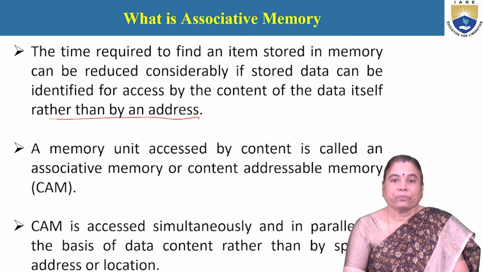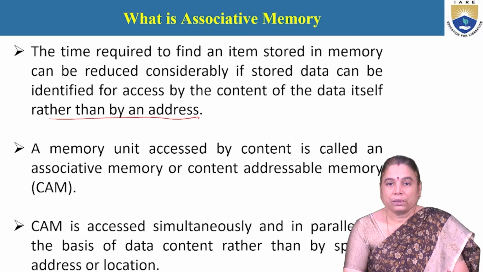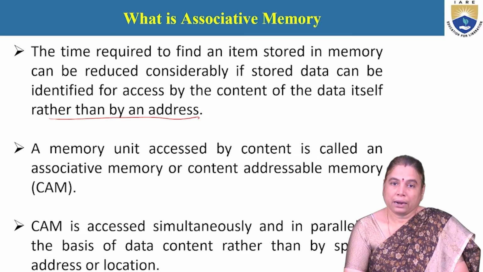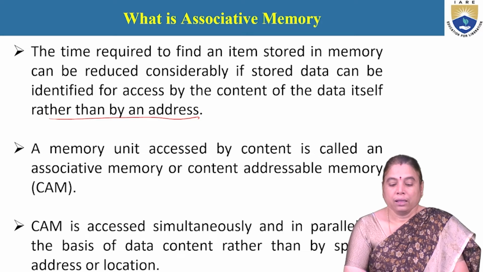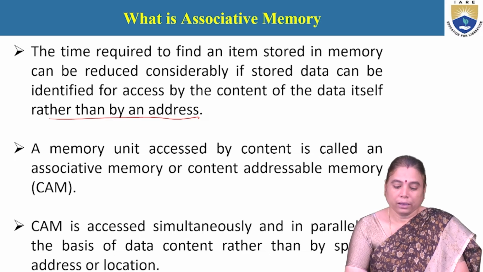To retrieve or fetch any information from the memory, the storage location or the memory address is important in order to identify what data is read or written. Instead of using these addresses, the content can be used directly for searching in the memory. Then the performance of the system can be increased.